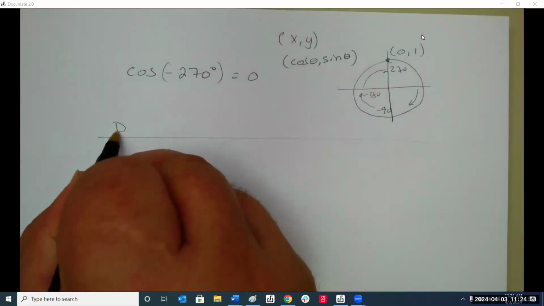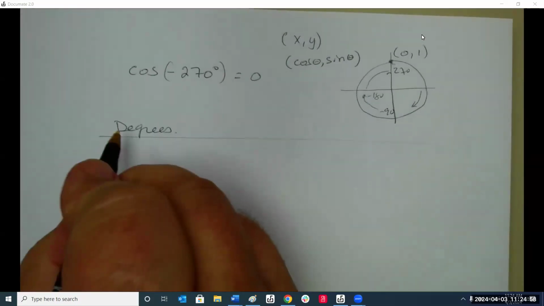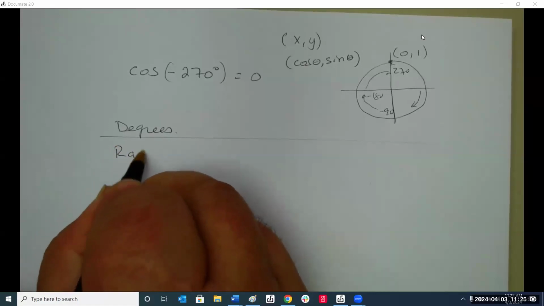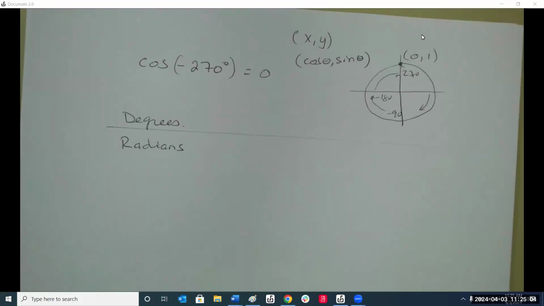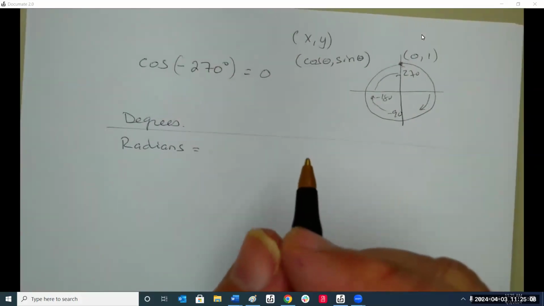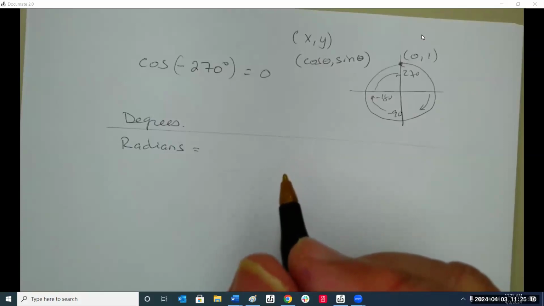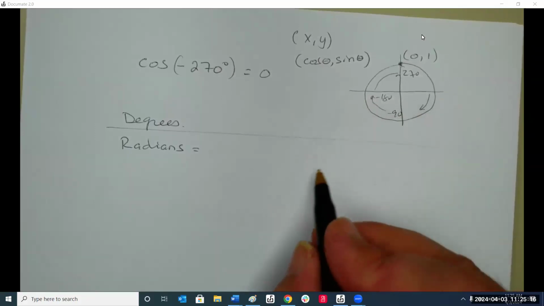Those are degrees. We have another type of measurement called radians. Radians have to do with respect to pi.